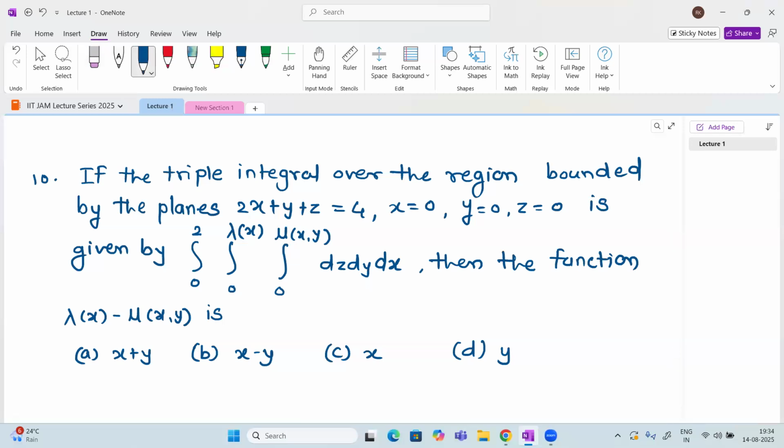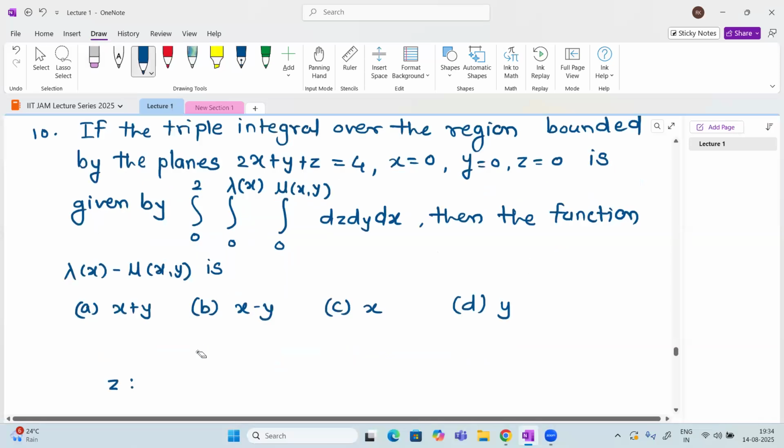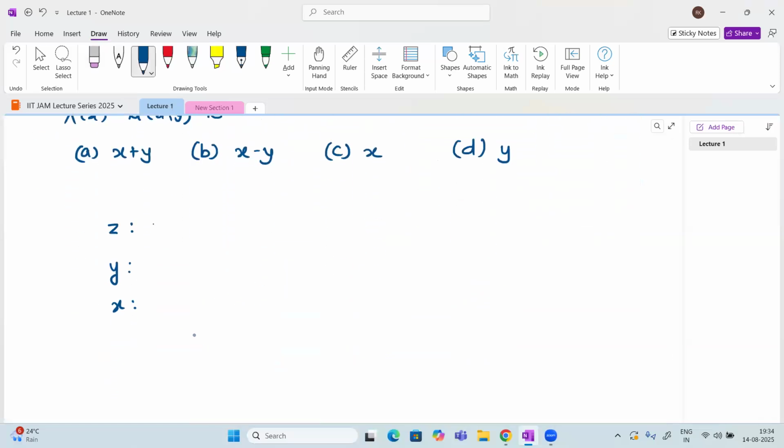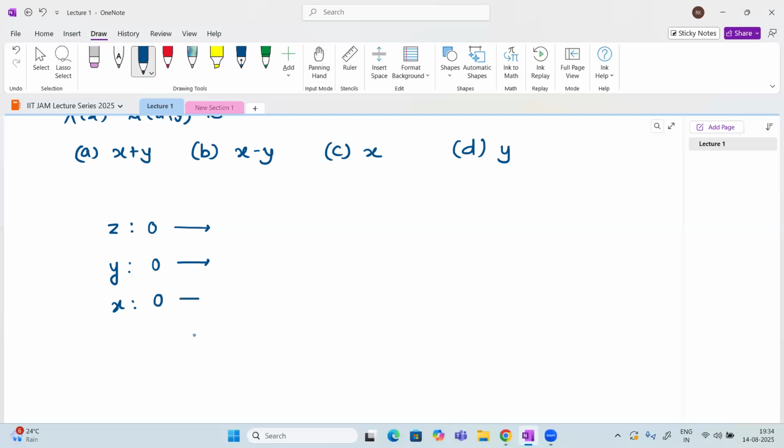So as you can see, the region is bounded by x is equal to 0, y is equal to 0, and z is equal to 0. Okay, agree? Yes, sir. Okay. So lower limits are obviously 0, 0, 0. They are given. So simply we need to think about the upper limits.